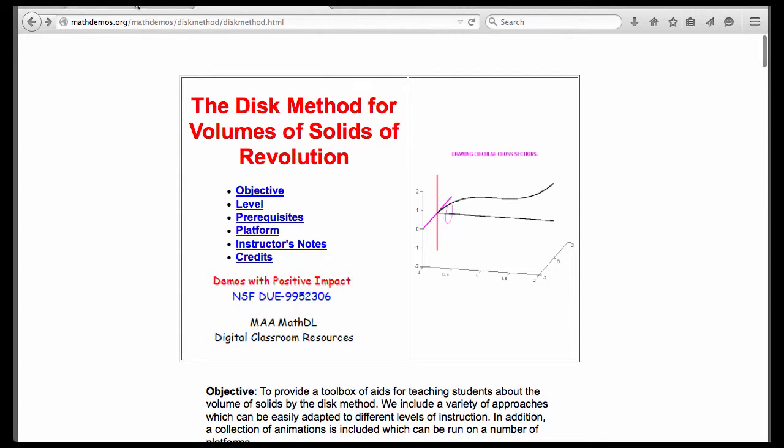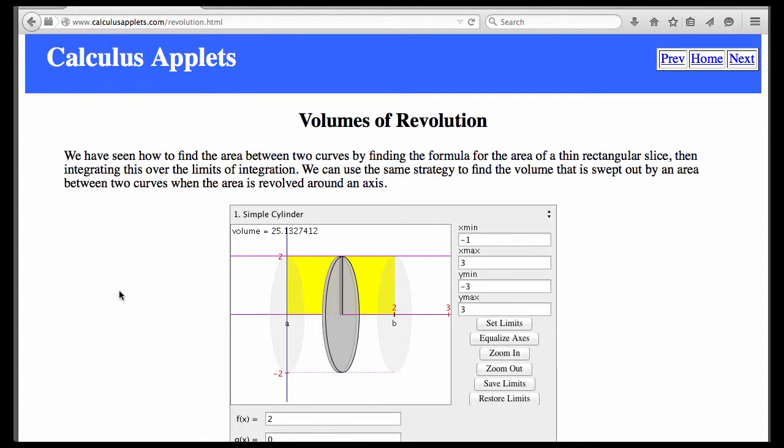Another one I want to share with you is off of calculusapplets.com. So if you take a look at the picture there, you can definitely see the outline of what looks to be a cylinder. The area that you see in yellow is the one that we're going to revolve around, in this case, the x-axis. All right, and notice how they drew for you one slice of the disk.